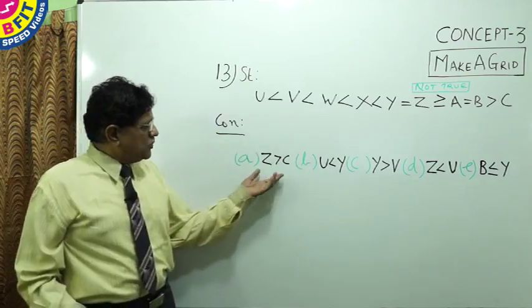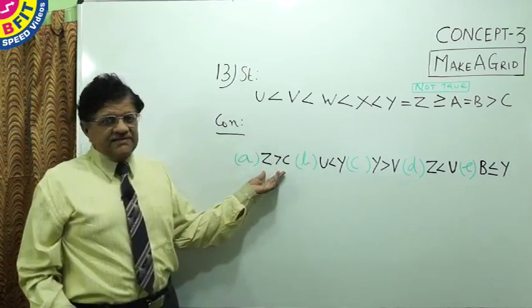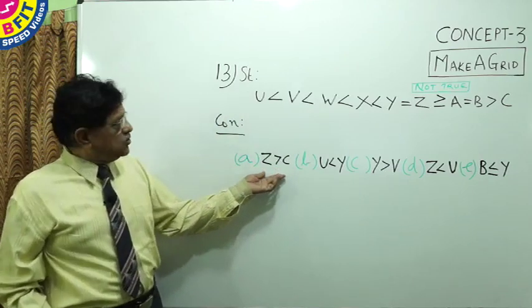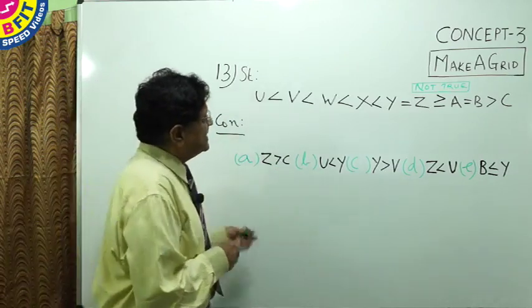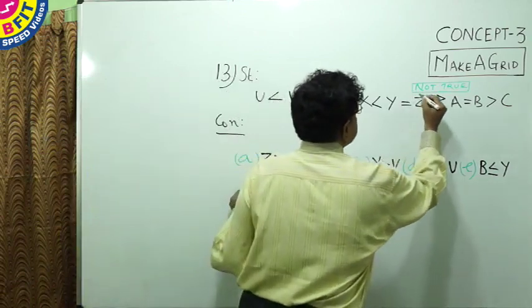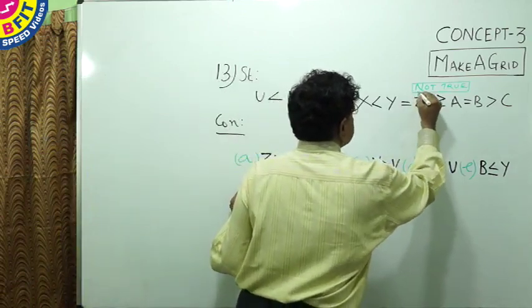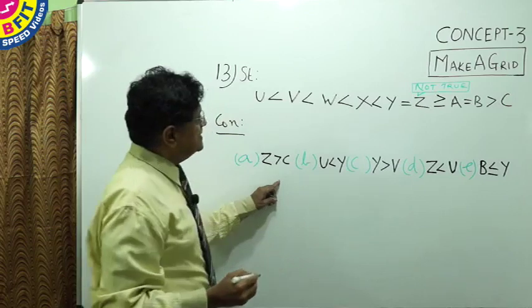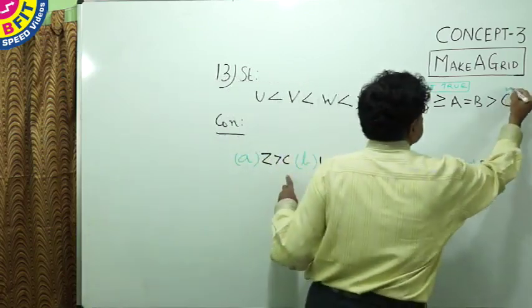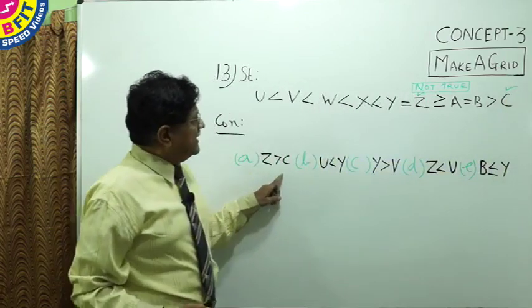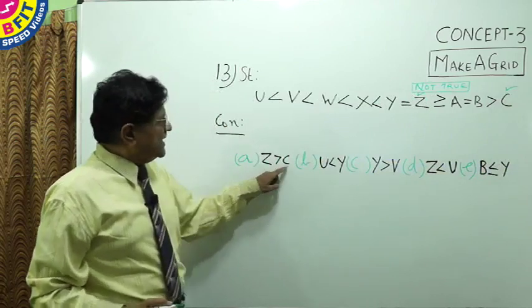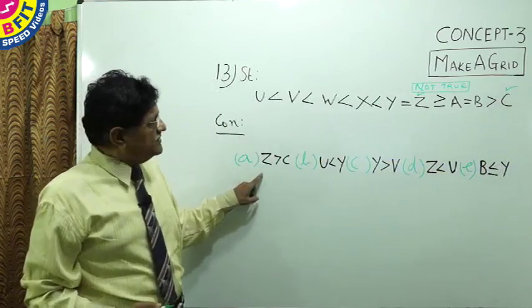Now what is conclusion 1? Z is greater than C. We have to verify whether it is true or not. Where is Z? Z is here. Where is C? C is here. Now it is Z and C, the conclusion is aligned with the statement.